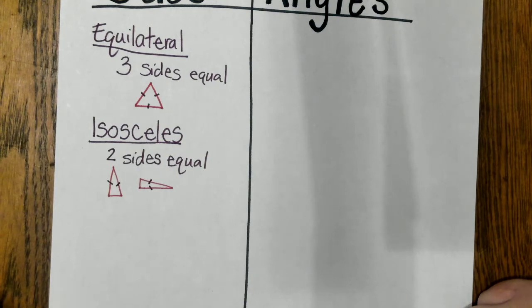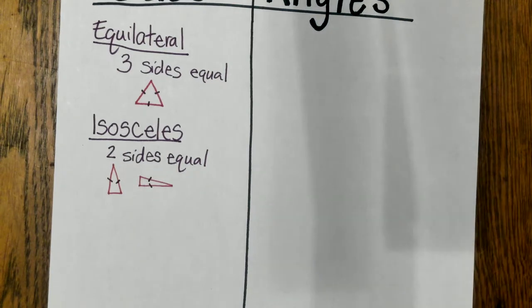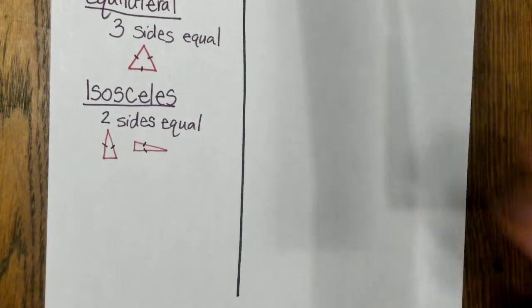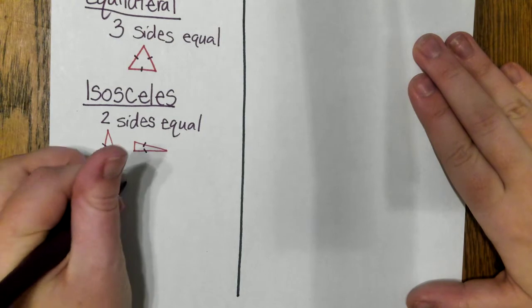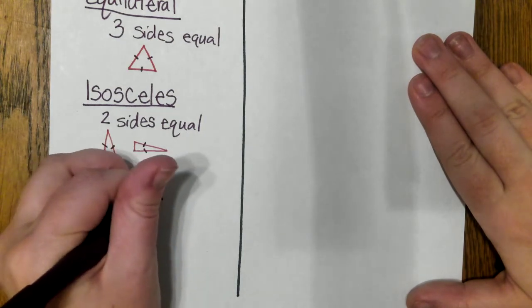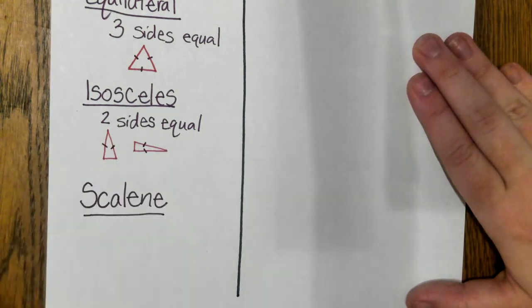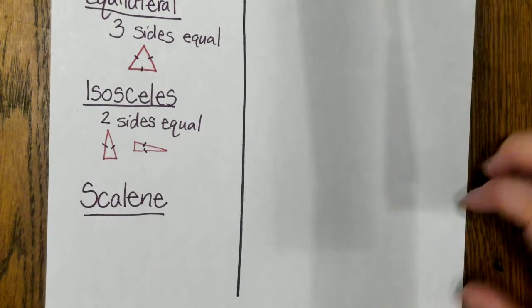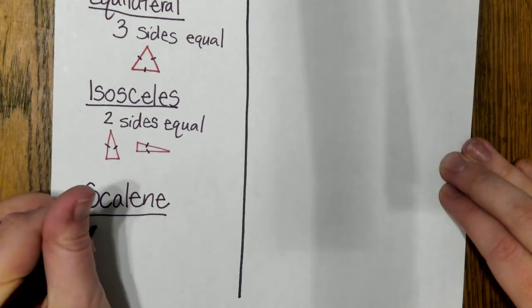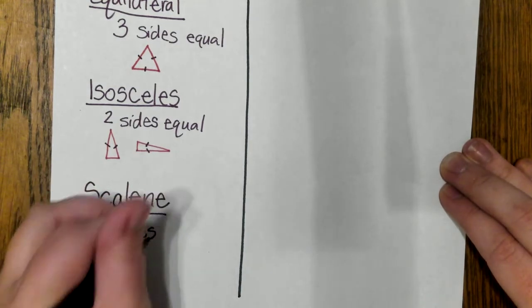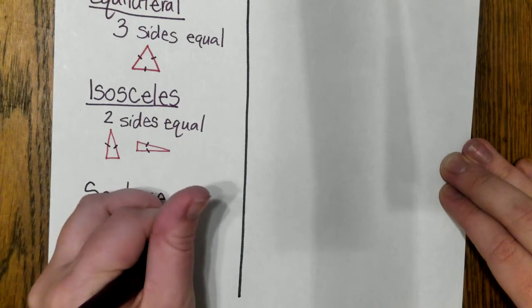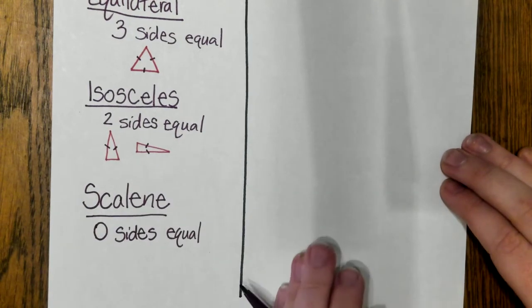There you go. The third one is called a scalene triangle. A scalene triangle has 0 sides equal. None of the sides are equal.